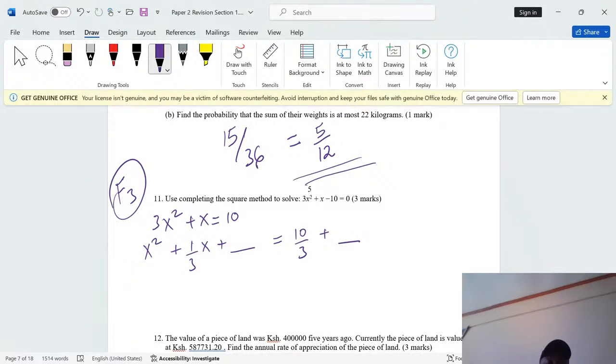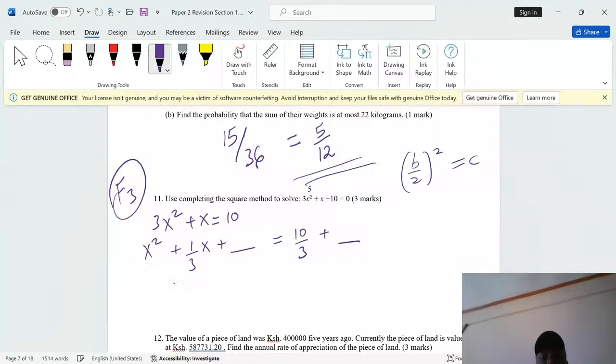We make the left hand side a perfect square, and to make it a perfect square, we have to use b out of 2 squared so that you may get a constant. So b is a third, divide by 2, then we square. This will be 1 over 6 squared, giving us 1 out of 36.